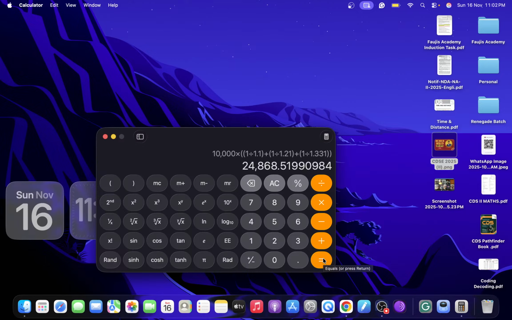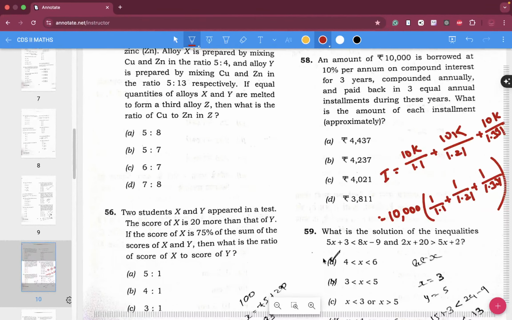So this is how much? 10,000 into 1 divided by 1.1, and we'll close this, plus 1 divided by 1.21, then close this, plus 1 divided by 1.331, then close this.